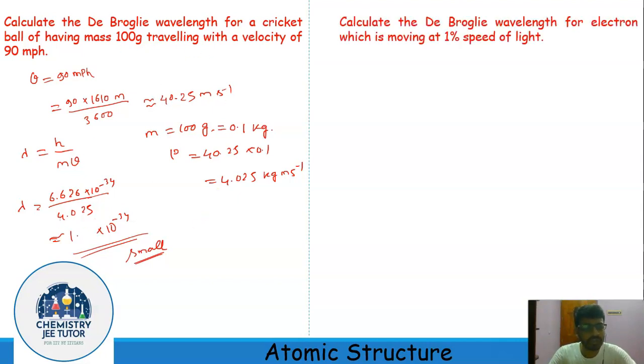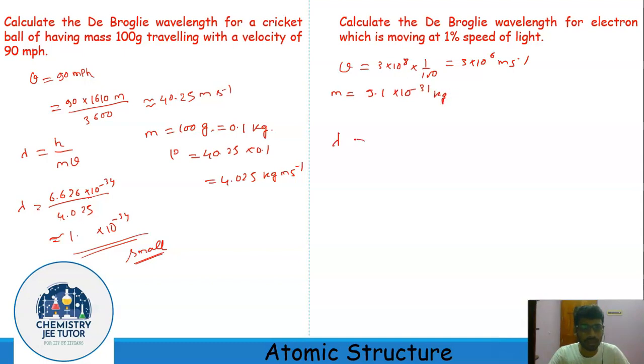Now if we see a subatomic particle like an electron, here it is asked to calculate the De-Broglie wavelength for an electron which is moving at 1% speed of light. So my velocity is now 3 into 10 to the power 8 into 1 by 100, equal to 3 into 10 to the power 6 meter second inverse, and we know that the mass of the electron is 9.1 into 10 to the power minus 31 kg.